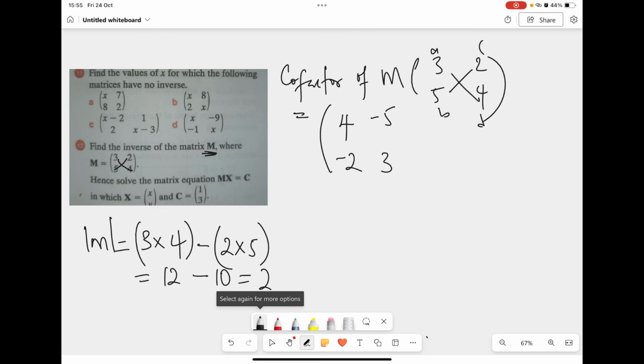I exchange A and D, and I exchange B and C, and after that exchange, I now put signs for B and C.